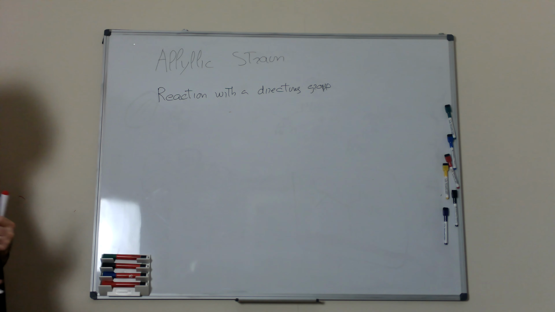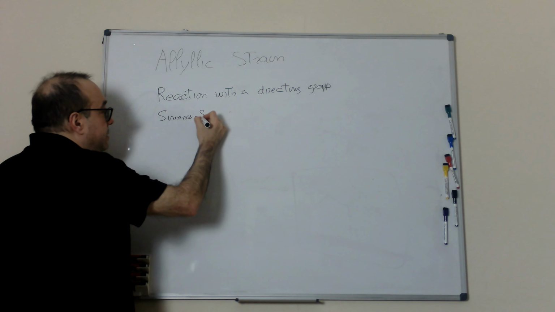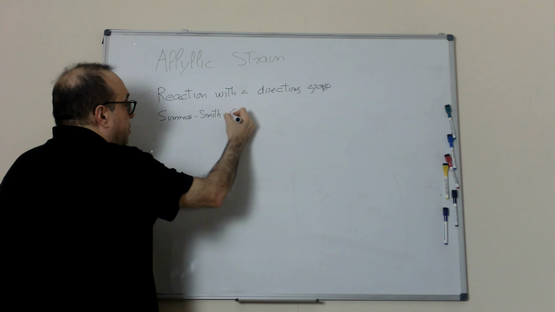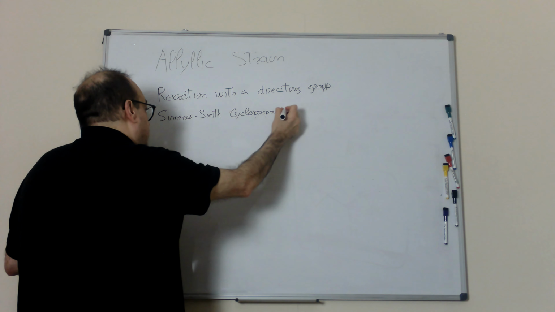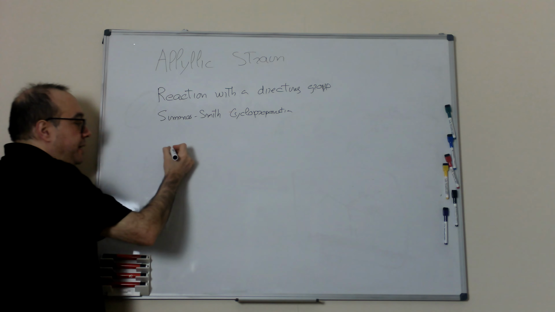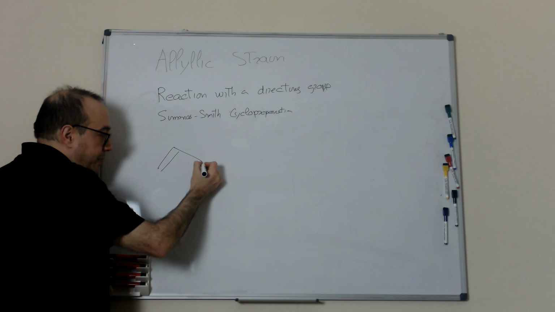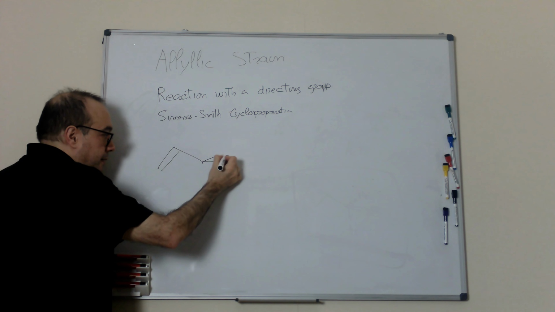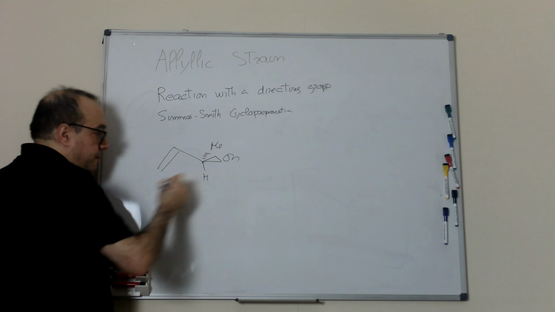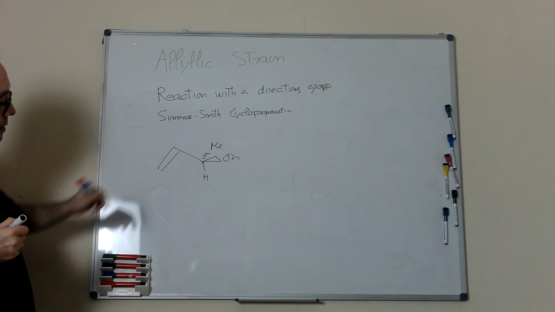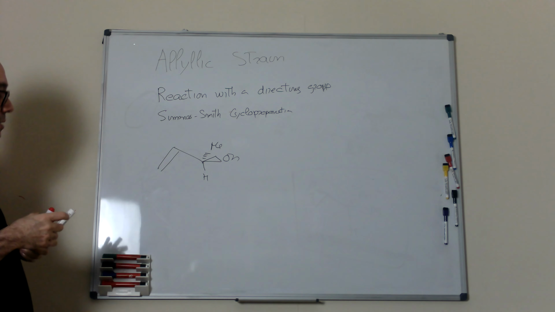The most clear example is the Simmons-Smith cyclopropanation. Okay, the Simmons-Smith cyclopropanation basically is a cyclopropanation that takes place in a double bond that has an alcohol in the allylic position.